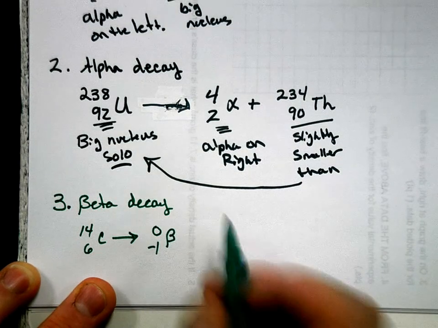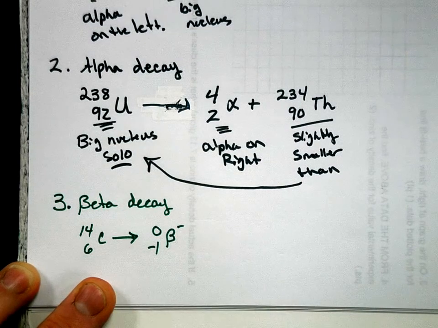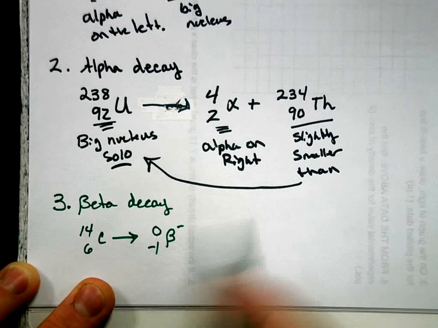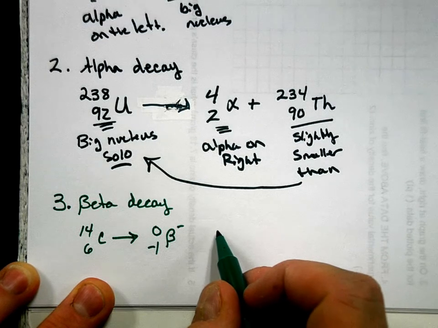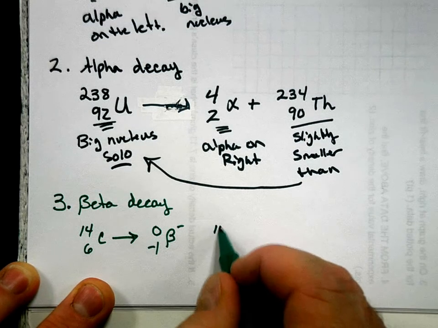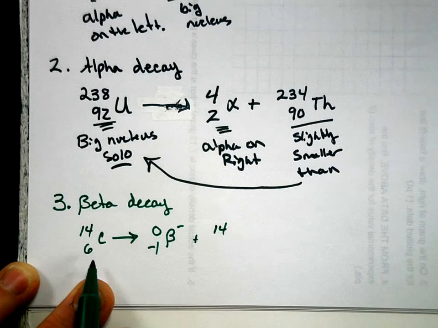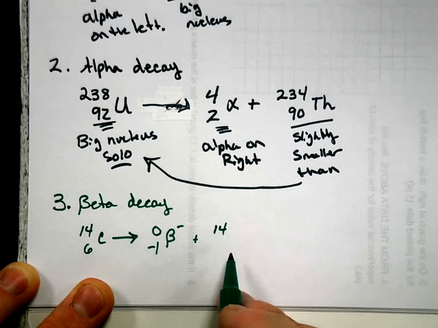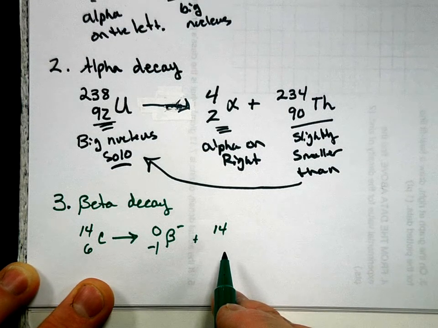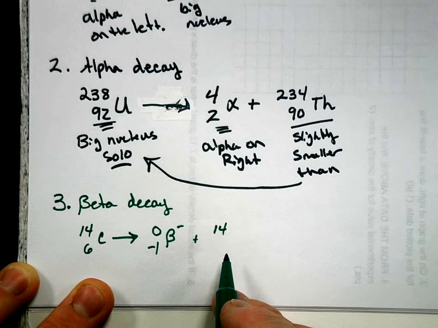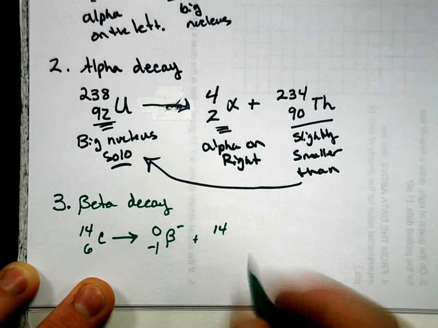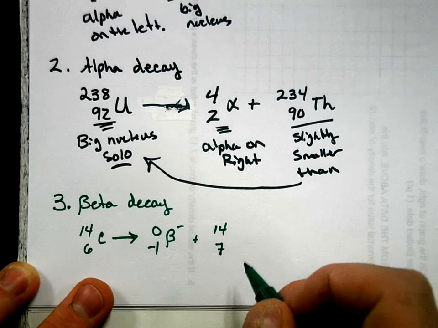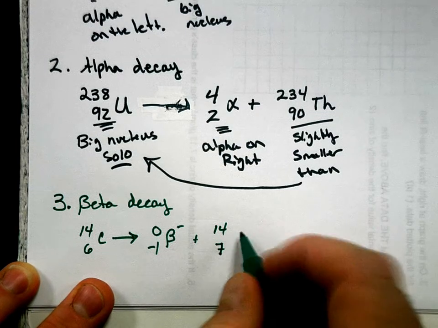Okay, here's our beta particle. 14 equals 0 plus what? 14. 6 equals -1 plus 7. -1 plus 7 is 6. 7, we look at the periodic table, we see this atomic number. The atomic number is nitrogen.